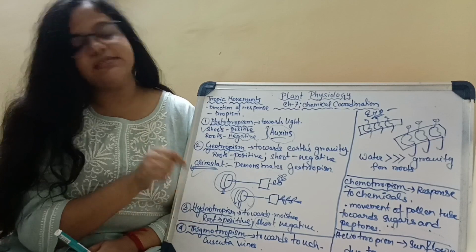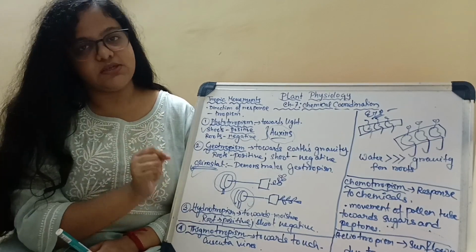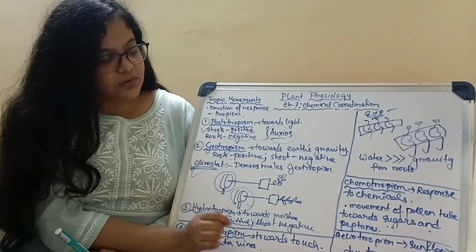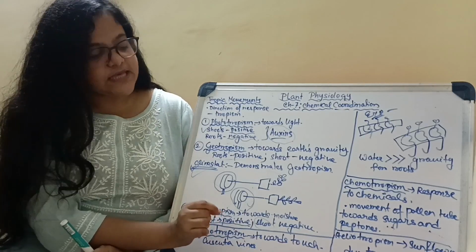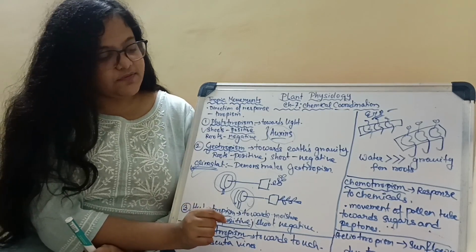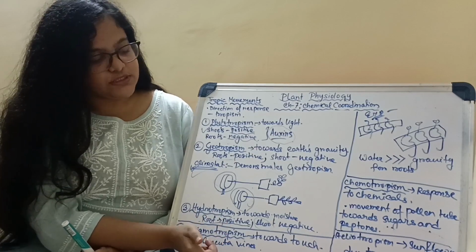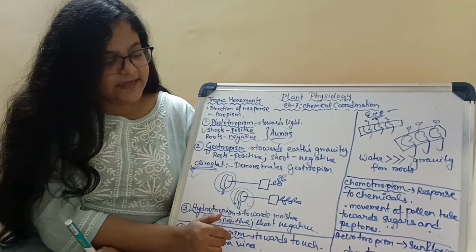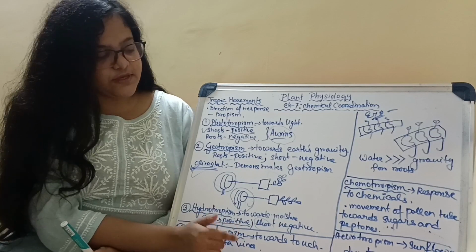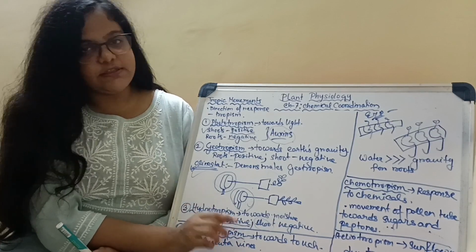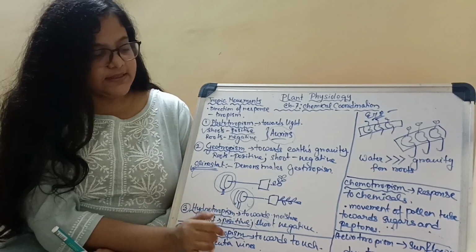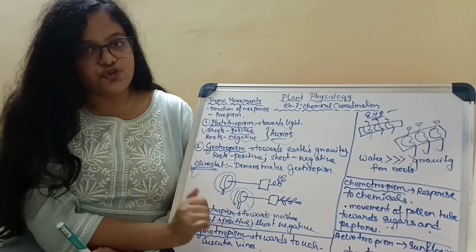Now, this happens due to the presence of auxins in their stem. Now, auxins, we have already learned, are highly sunlight sensitive, and wherever the sunlight is not there, the auxin will tend to deposit in that region. That is why there is the movement of the face of the sunflower along with the movement of the sunlight, and this is known as heliotropism.